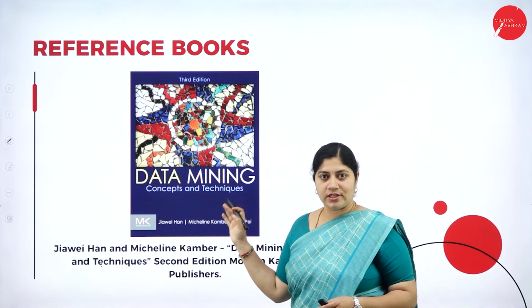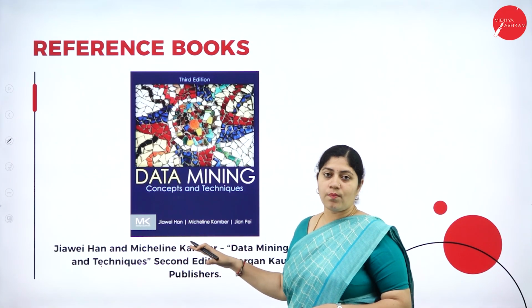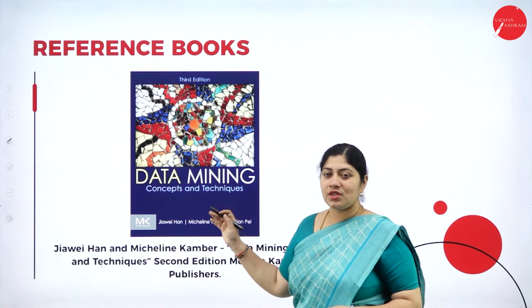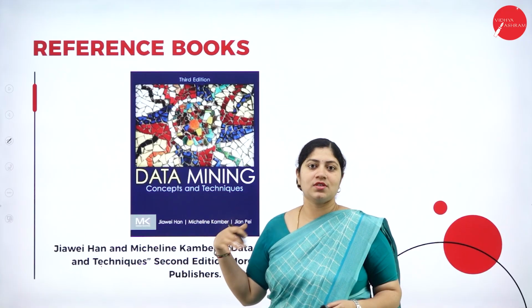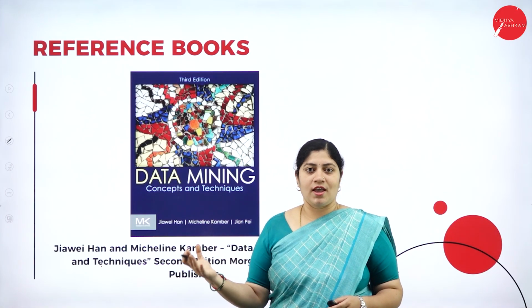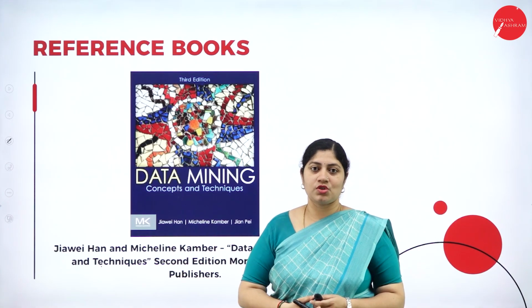This is the third edition, which is published by Morgan Kaufmann Publishers, that is MK Publishing House. So this is the reference book which is easily available on digital platforms like Amazon, and you can also buy it in the offline stores too.